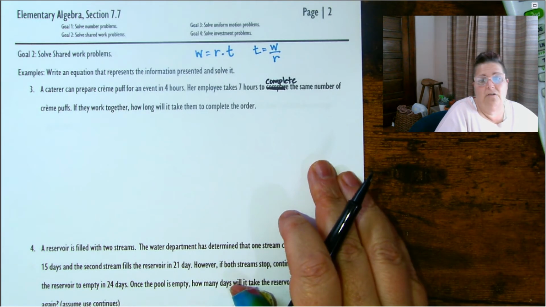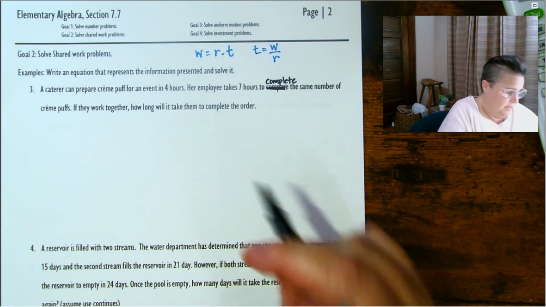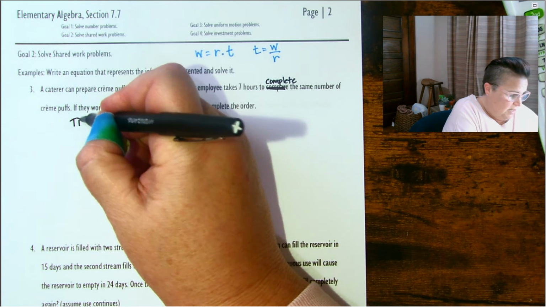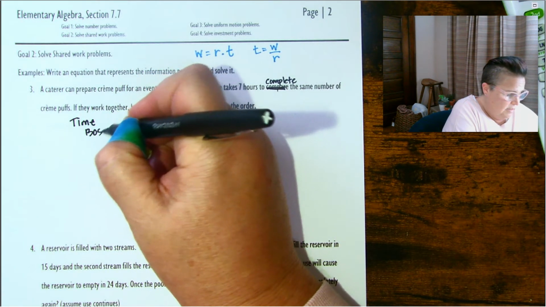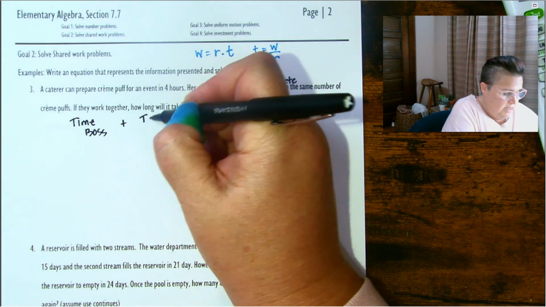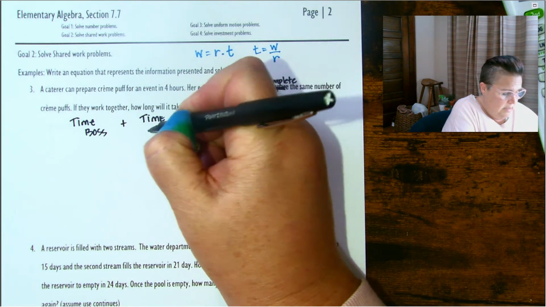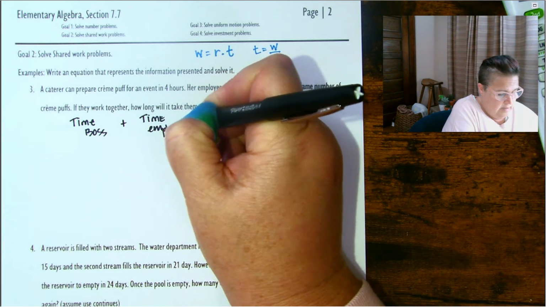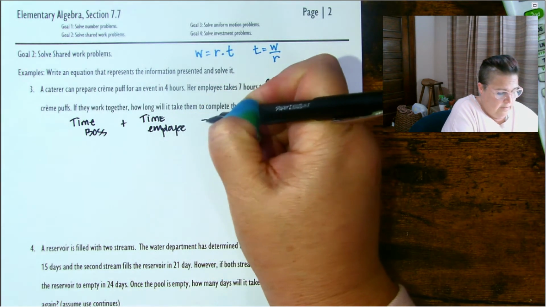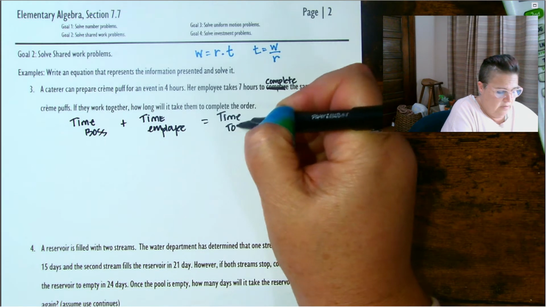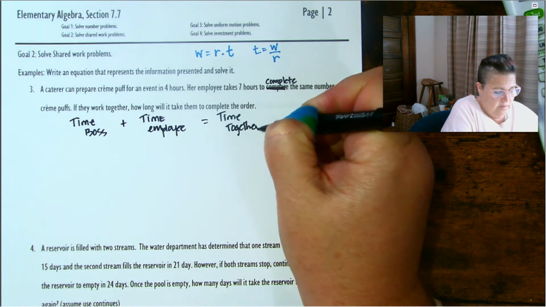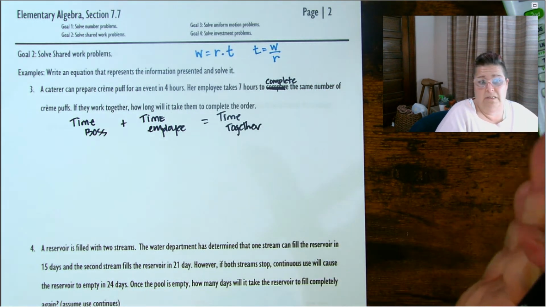If they work together, how long will it take? So the time of the boss plus the time of the employee has to equal the time it takes together. That's how I do these problems.